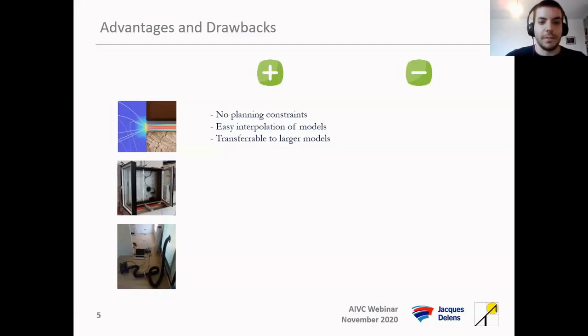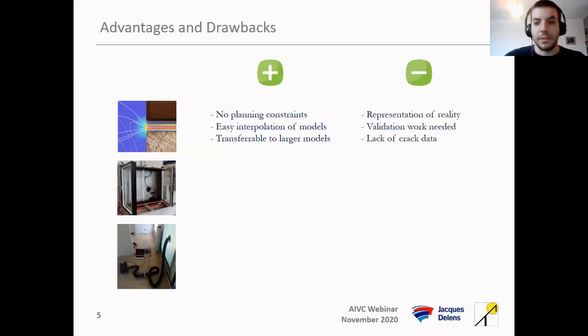And the models can be transferred to larger models. For example, if you have a well validated crack model, you can easily transfer it to, for example, a multi-zone model to model the indoor environment of your building.